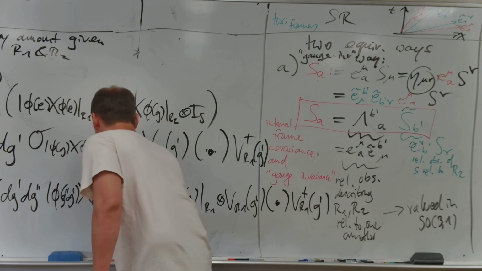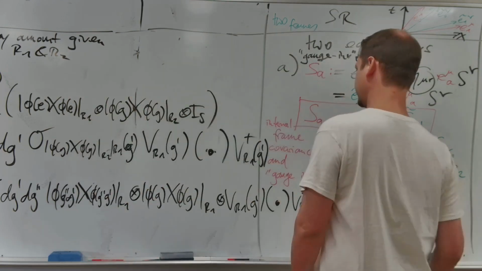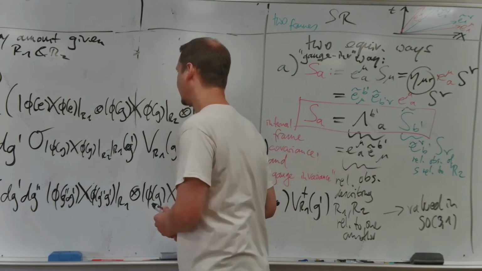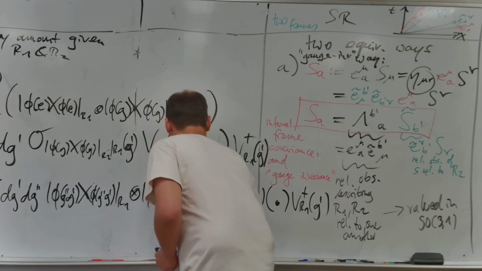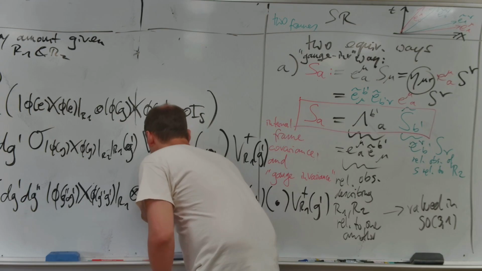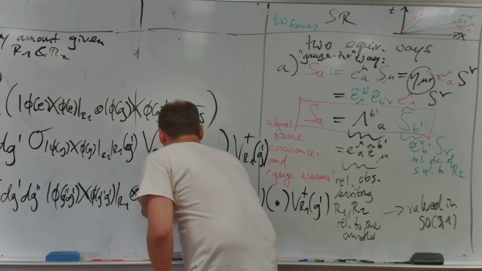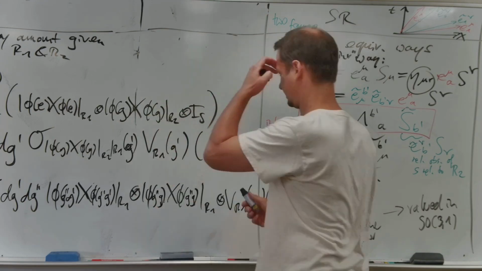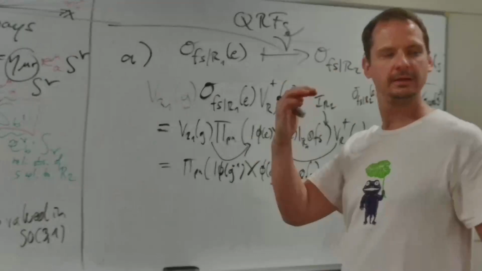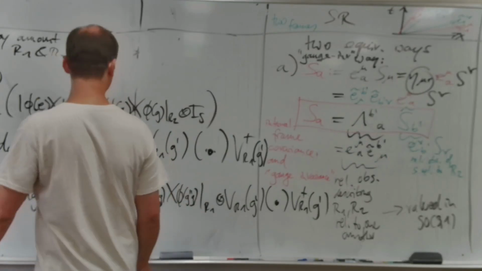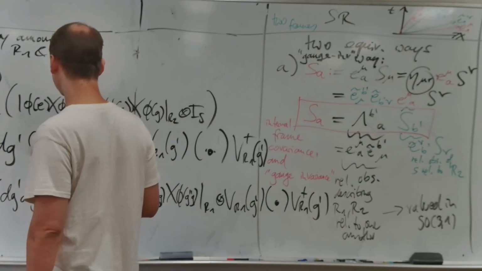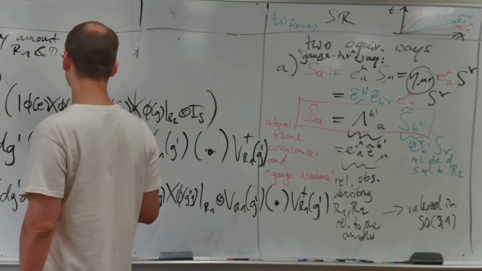Double prime G prime. And here I should also have that. Sorry about that. So G double prime, G double prime, G. When you insert pi pn, is it unitary? Excuse me. Oh yeah, insert, yeah. Okay. Sorry. Actually, you're right about that.